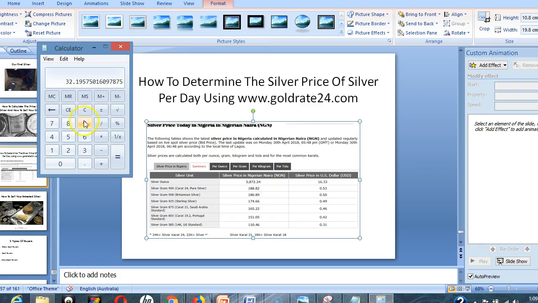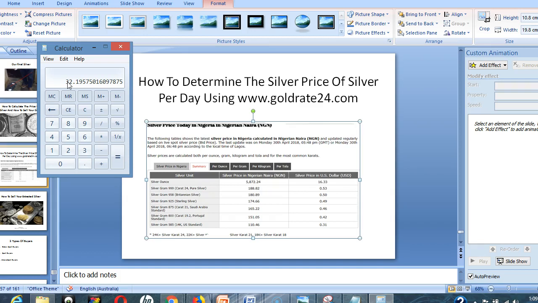Since we've now changed our silver from kilograms to ounces, we can no more multiply this by the price per gram, because it's no more in grams, it's now in ounces. And we can only multiply it by the price in ounces.